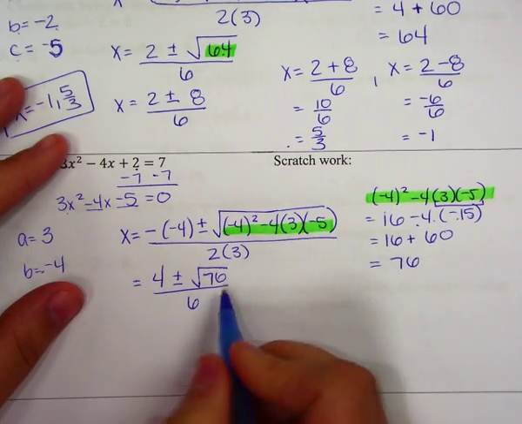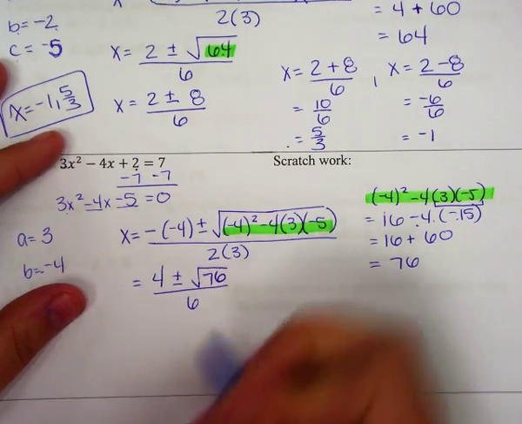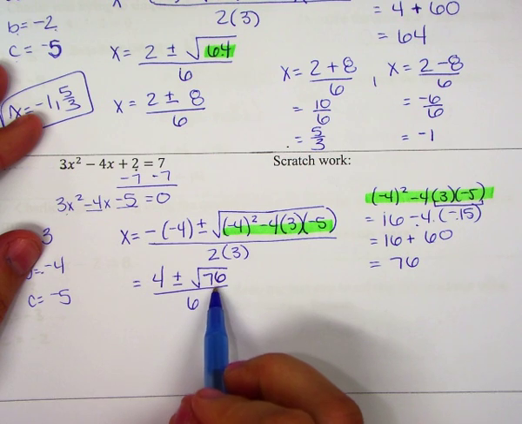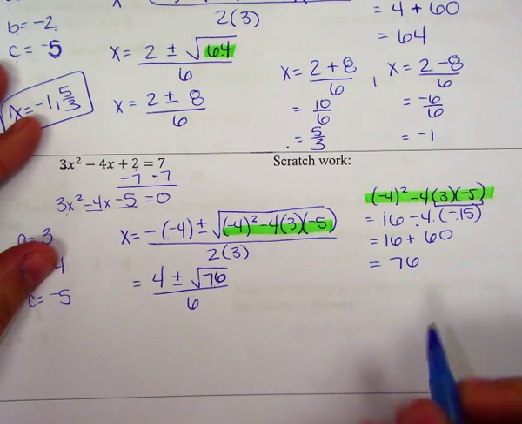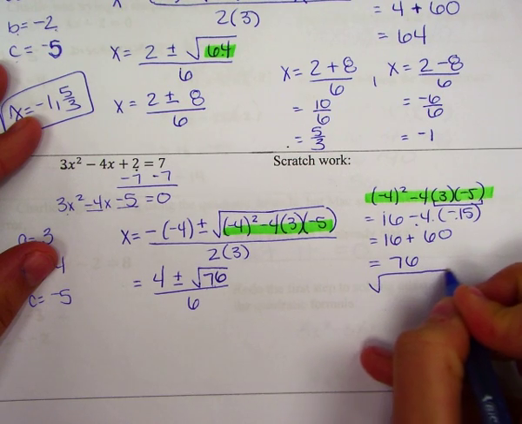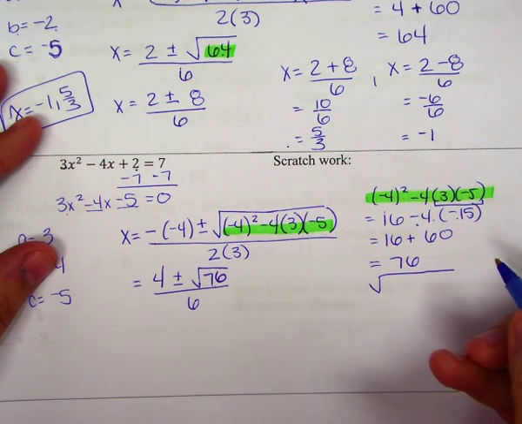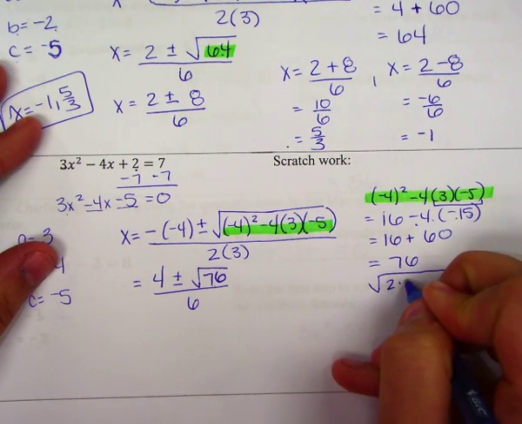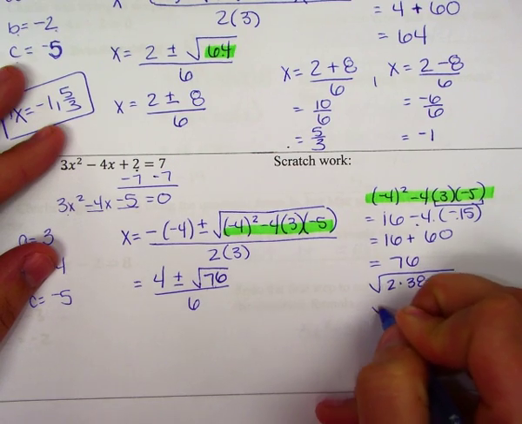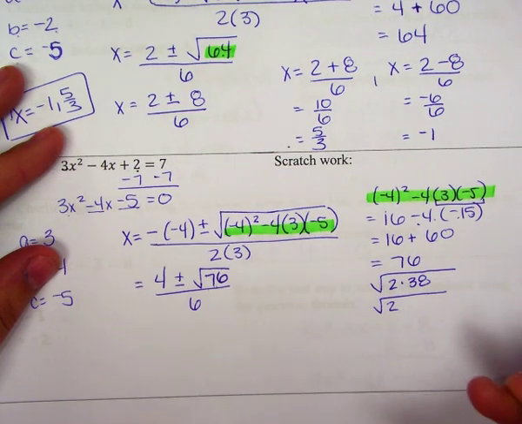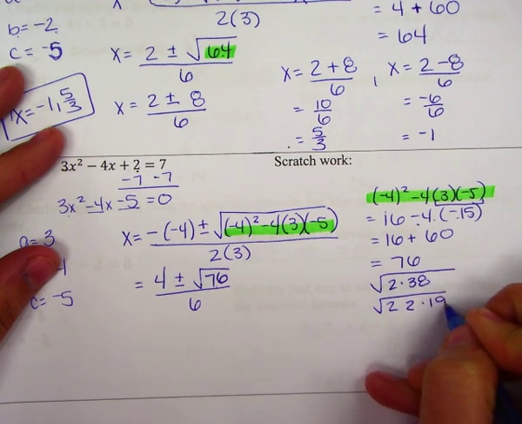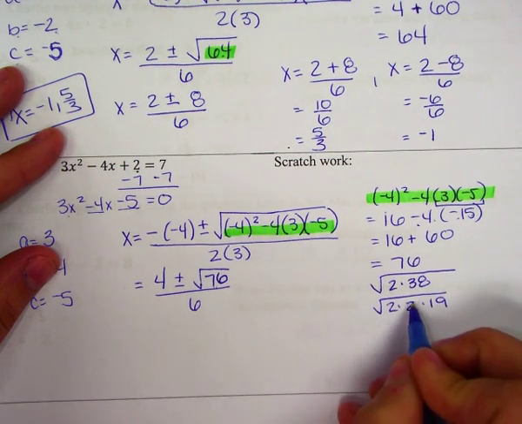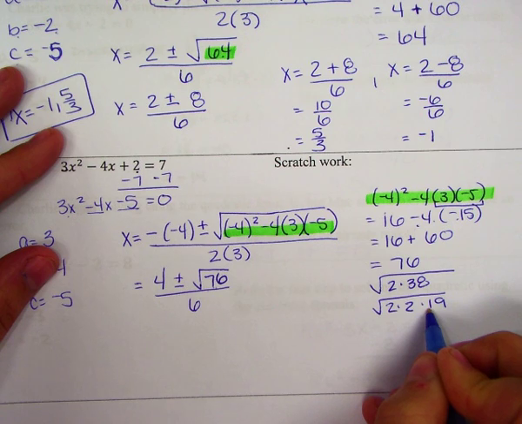Now, the square root of 76, this is not a perfect square. So what we need to do is reduce this. I'm going to come to the side. Square root of 76 is equal to 2 times 38. 38 is 2 times 19. And remember, this is really 4 times 19.